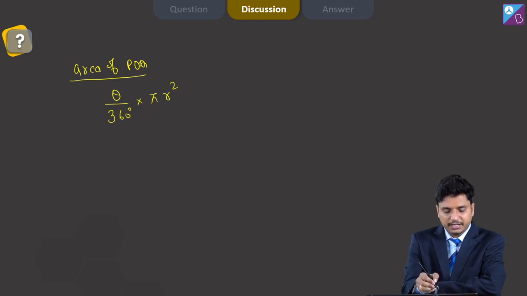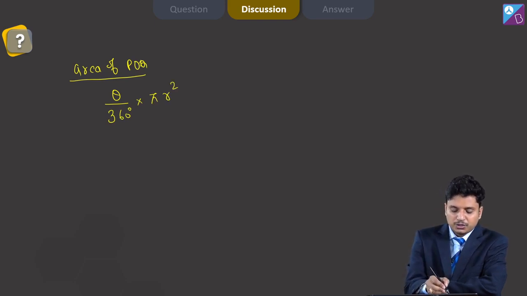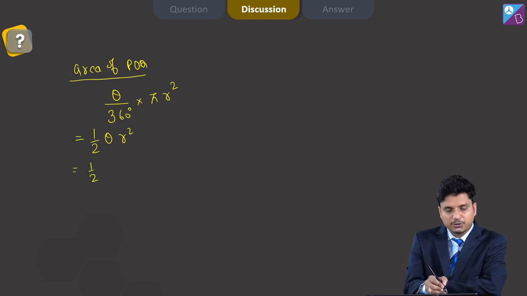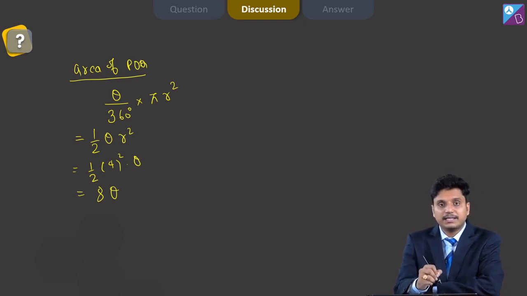So theta by 360 is anyway 2 pi, so theta half r square, that is what formula for sector is. So half, what is r? R is actually 4, so half into 4 square into theta, so this is basically 8 theta. This is your area for POQ, that was the sector on the circle.